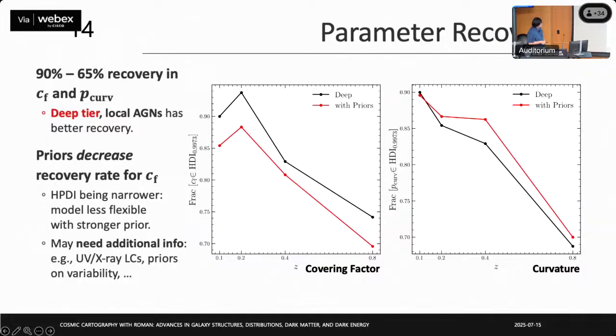And it is because I think it makes the model a little bit less flexible, and it may require some additional information like AGN variability information from the X-ray or UV light curves.